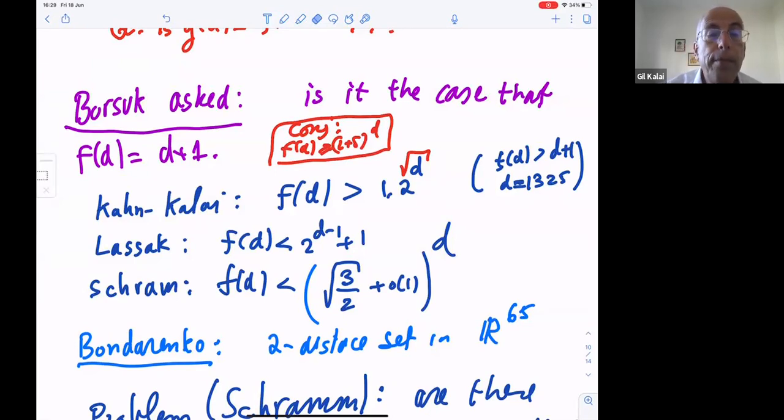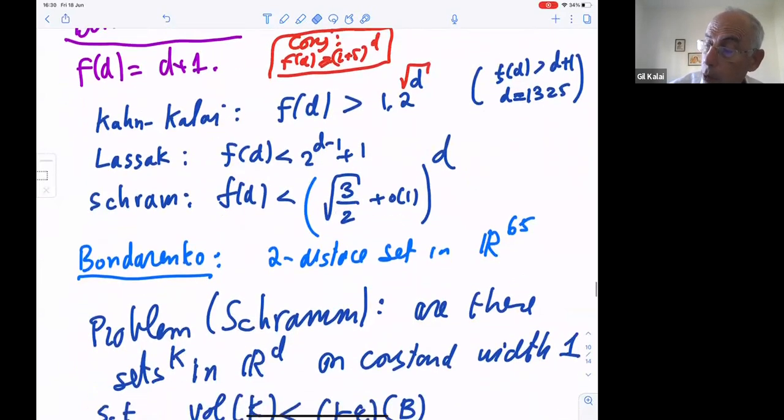So Oded Schramm proved that if you start with a set of constant width, you can cover it by this number of sets, which are smaller homothets. And Bourgain and Lindenstrauss showed that you can cover every set of diameter 1 with this number of sets, which are balls of diameter smaller than 1, doesn't matter. And although we have two proofs for the same bound, we don't know how to improve this concept.